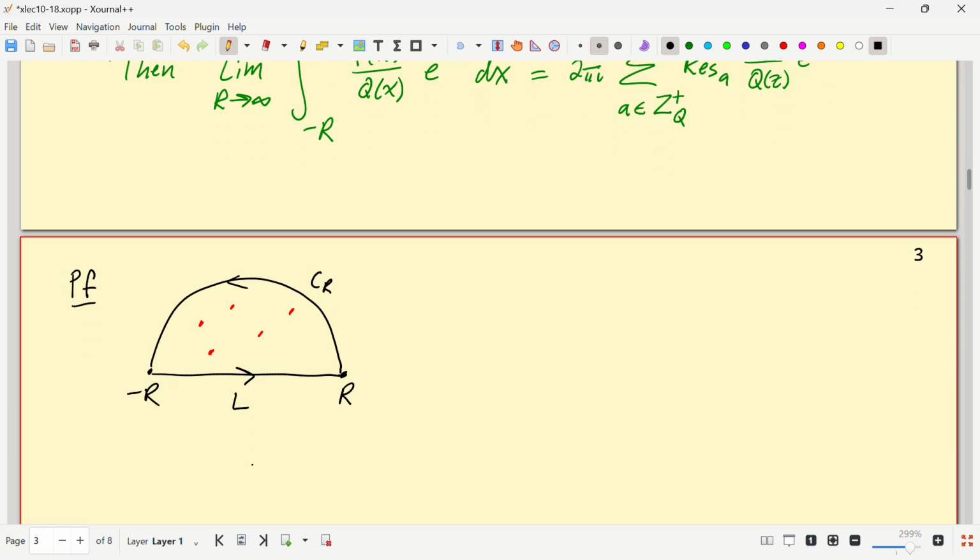L is what I want, and when I estimate the integral along C sub R of p of z over q of z dz, I use the basic polynomial estimate.